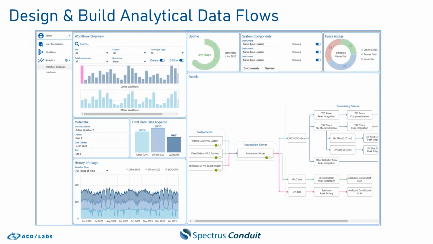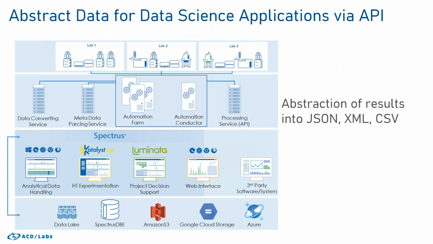We also are building within Spectrus Conduit the ability to monitor each of your data flow systems, so you can keep track of whether or not that data flow is online, offline, how often they're online or offline, and the number of data files that are created and acquired. Aside from the actual graphical interface, we also have a very rich API for both processing service as well as the database.